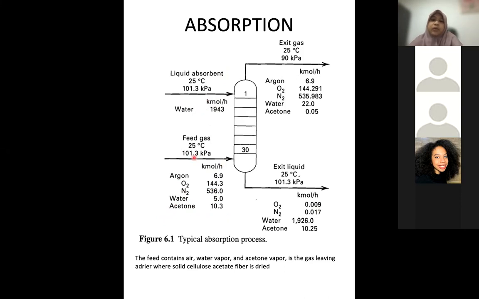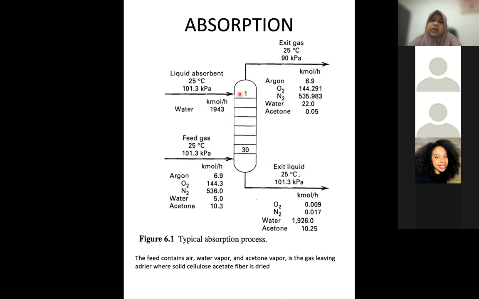Okay, and we can also see the pressure here. There are different pressures here, maybe because of some pressure drop, and here we also have the number of trays. Absorption or distillation can happen in a tray column or in a packed column.